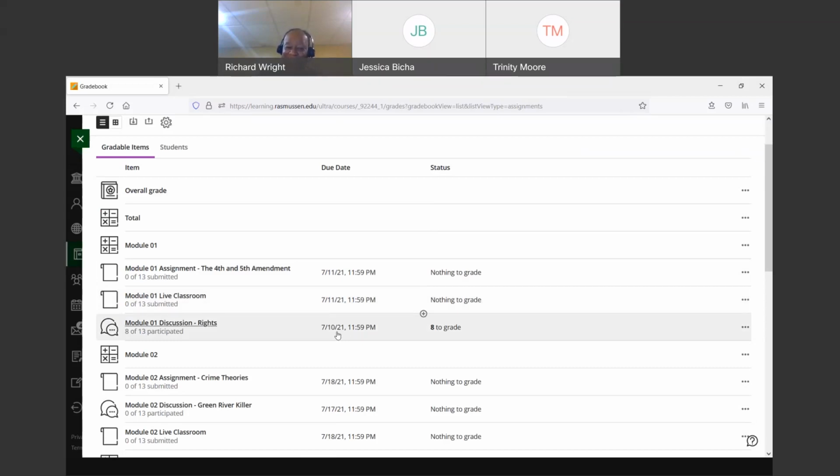However, that does not mean that your initial post is due on the 10th. It is actually due the 8th, which is tonight. If I didn't put that in the announcement, I thought I fixed it, but if not, I'll go back and fix it. Your initial posts are due tonight. Your reply posts are due Saturday at 11:59 p.m. Central Standard Time.